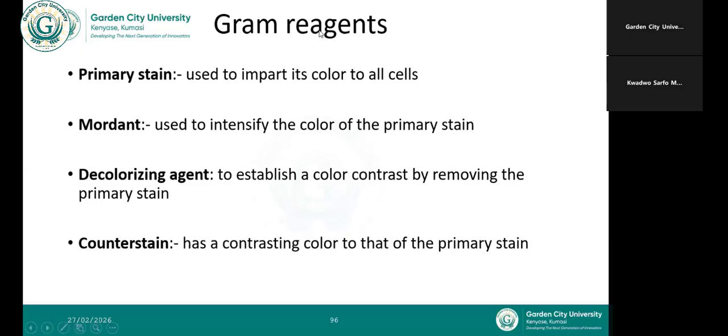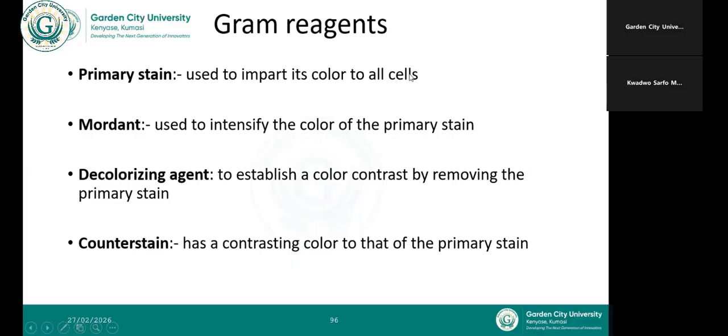So for gram staining, these are the reagents that we use and then why they are used. We have the primary stain, which is crystal violet. This primary stain will impart color to all the bacteria that are on the slide or on the smear.